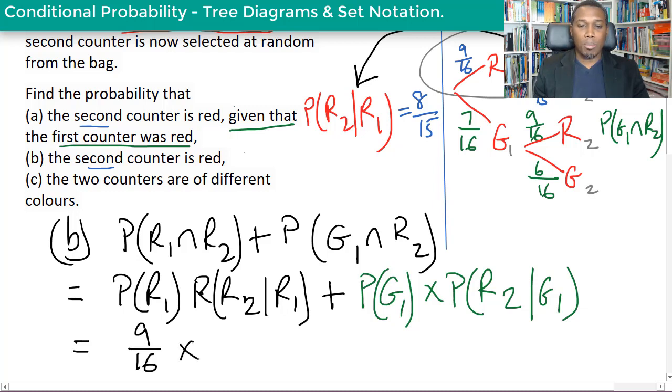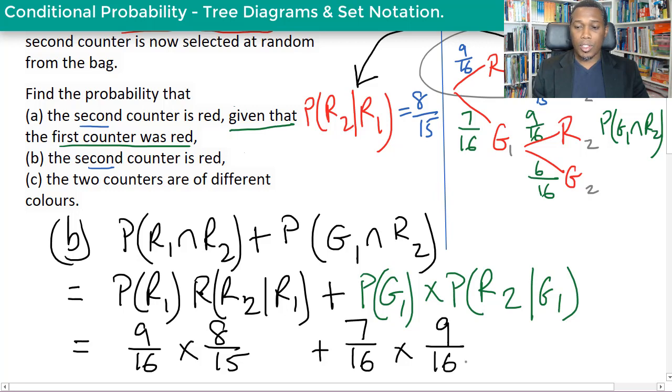So 9 on 16 multiplied by the probability of getting red 2, given that you got red 1, which is 8 on 15, so times 8 on 15. And then we want to add on to that the probability of getting G1, which is 7 on 16, multiplied by the probability of getting red 2, given that you got G1, which is 9 on 16.